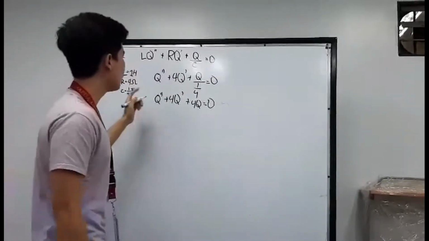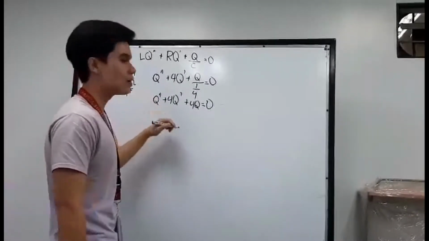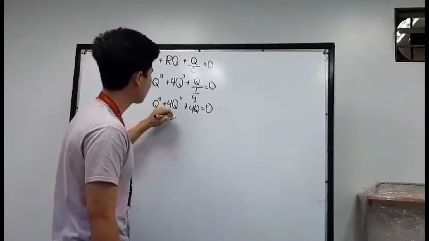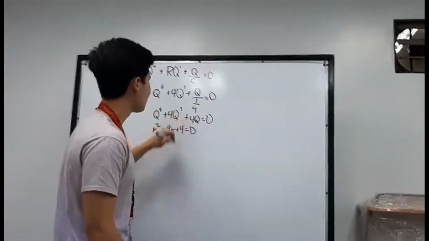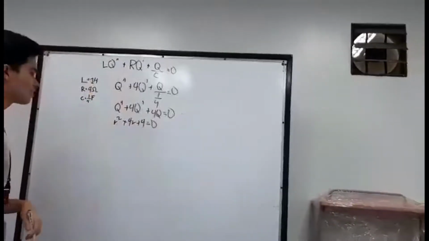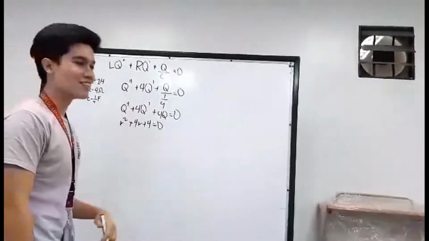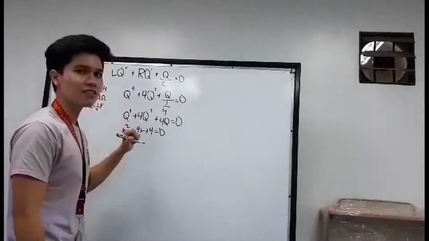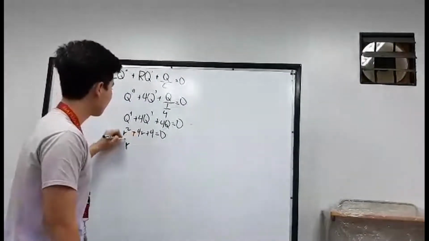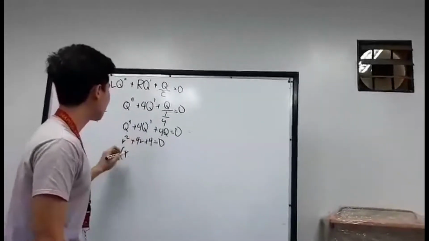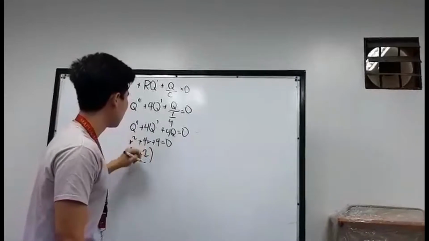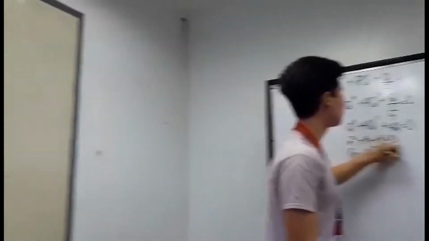So we will use the characteristic equation. R squared plus 4R plus 4 equal to 0. So now we will factor this out. Negative 2, negative 2. So we have R plus 2 and R plus 2 equal to 0.